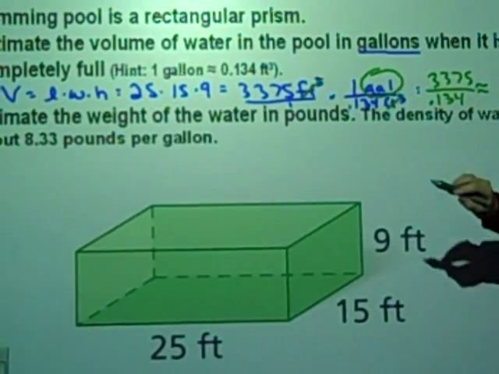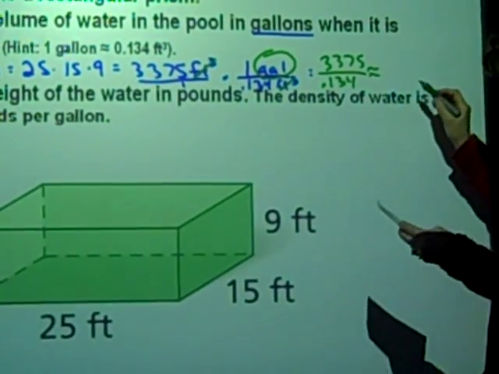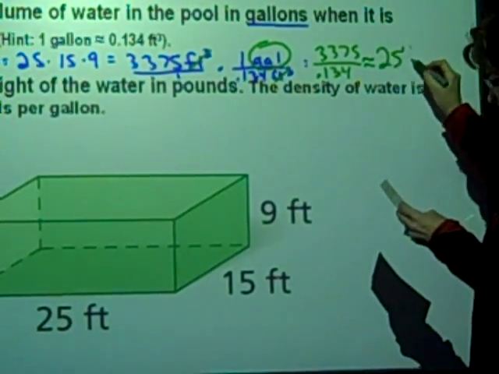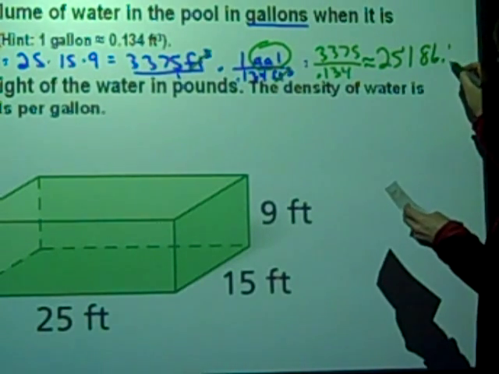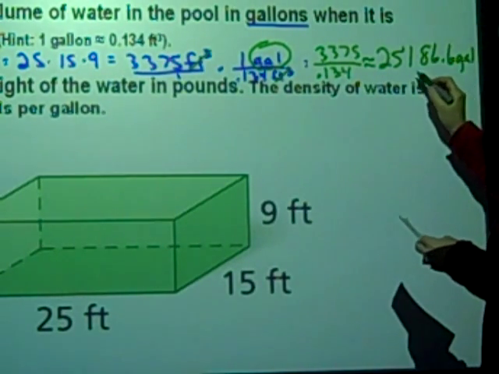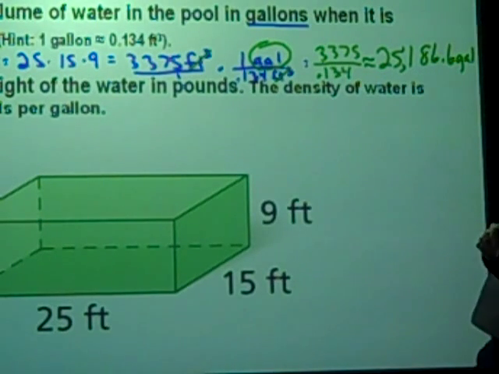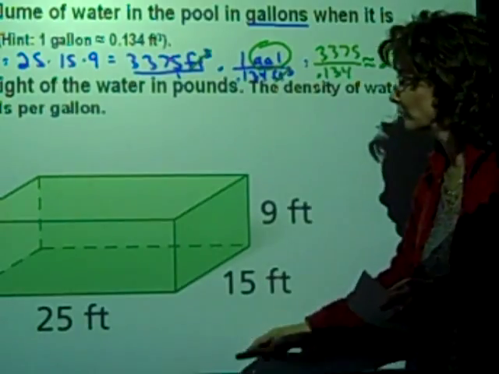And I'm left with gallons. So I'll do that division, and I actually end up with 25,186.6 gallons of water. That's why it takes a long time to fill a pool with your hose. You're better off getting the fire hydrant.